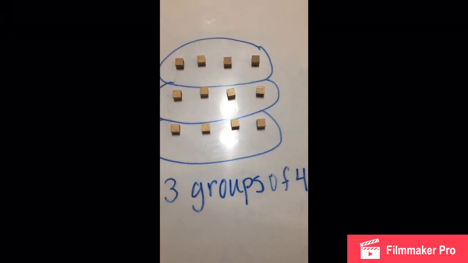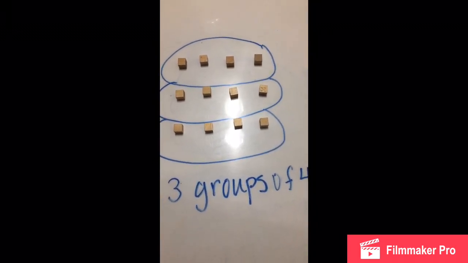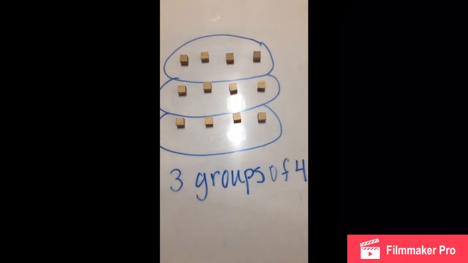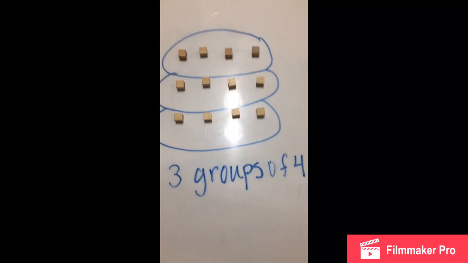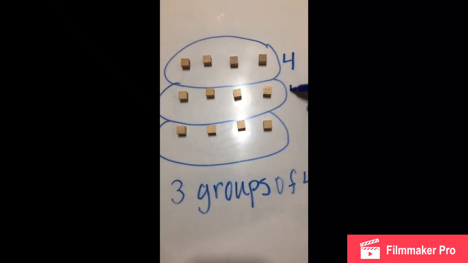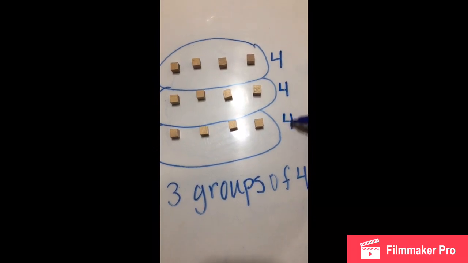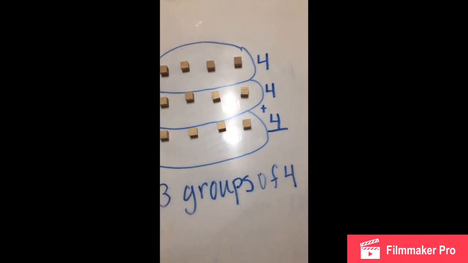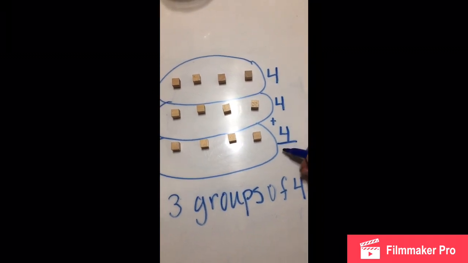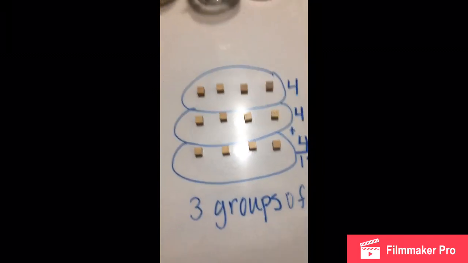Step 3, solve with either repeated addition or skip counting. So I'm going to do repeated addition on this one. So I have 4 plus 4 plus 4. And I get 4 plus 4 is 8. 8 plus 4 is 12.